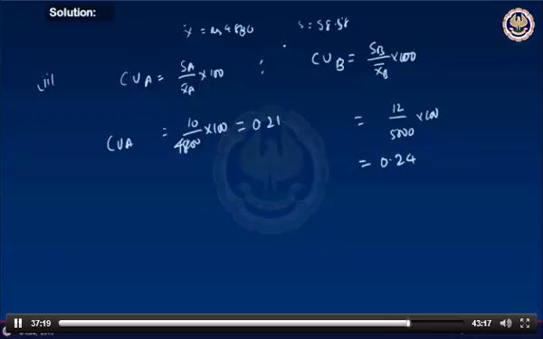If we compare these two factories' data, A and B, this is 0.21 and this is 0.24. The smaller one is more consistent, so factory A is the more consistent.